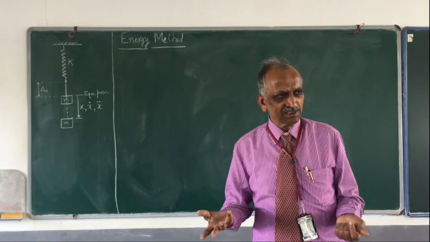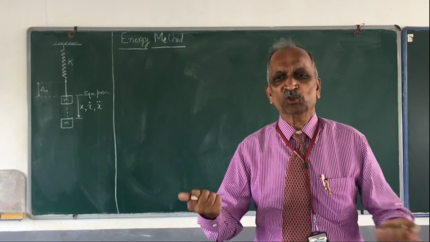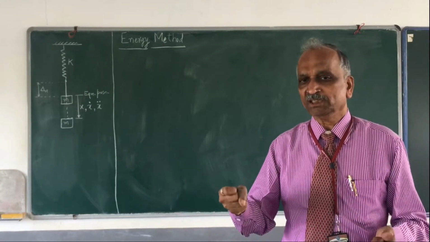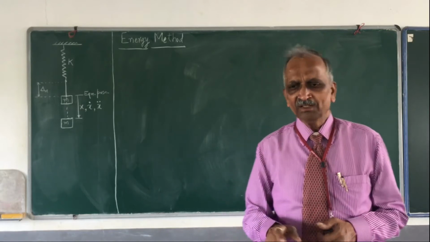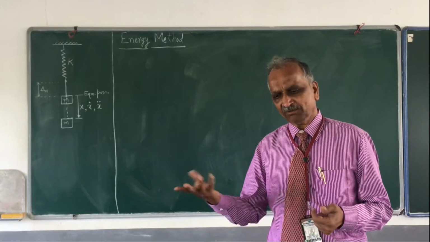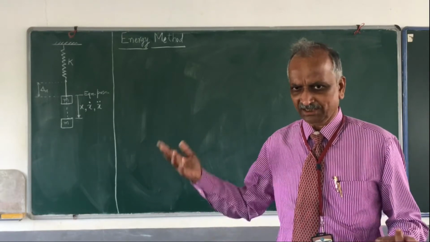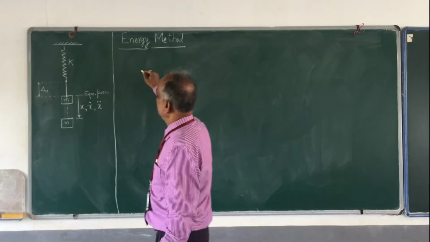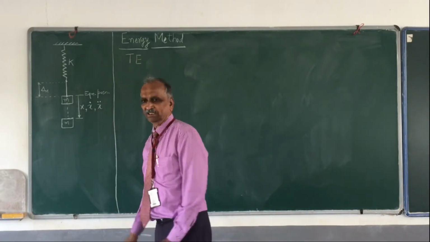Kinetic energy is basically the energy possessed by a body due to its motion. Because of the motion, whatever energy is possessed, we call it kinetic energy. Similarly, there is potential energy, which I shall explain.